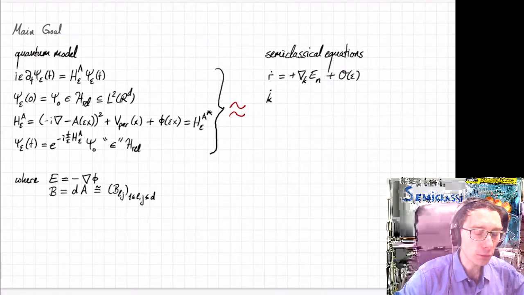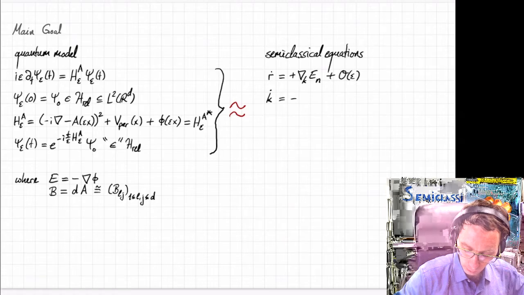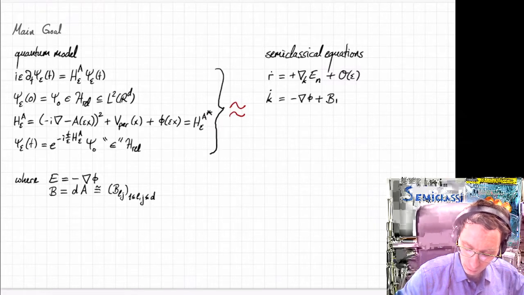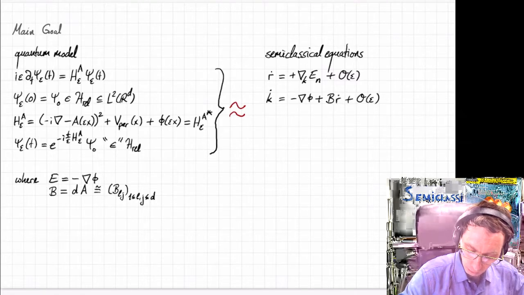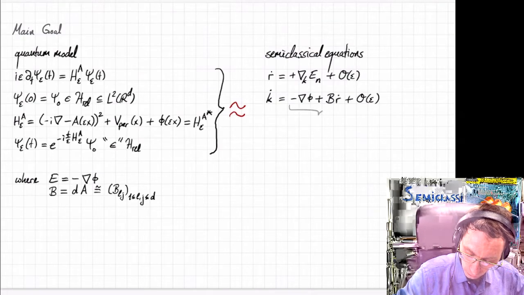And then you have an equation for k dot, which is crystal momentum, which is just minus gradient phi, so that's the electric field, plus B r dot, plus order epsilon. So this here, physicists would just call the Lorentz force.